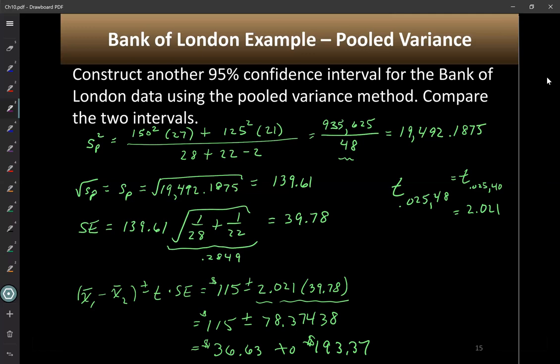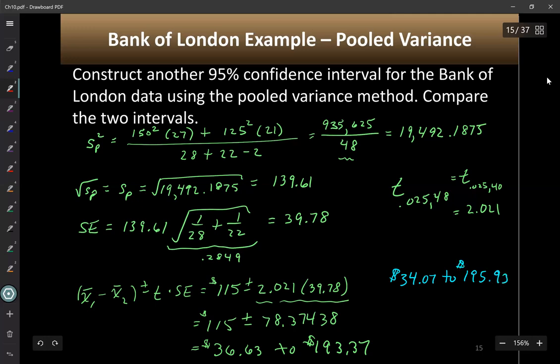So 36.63 to 193.37. If we compare that to the confidence interval that we calculated for the Bank of London using the non-pooled method, it was 3.407 to 195.93. So look at the difference.